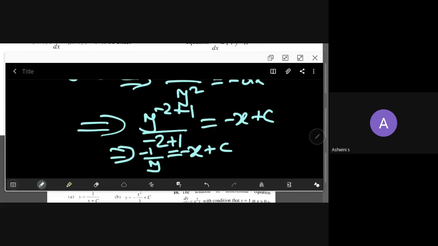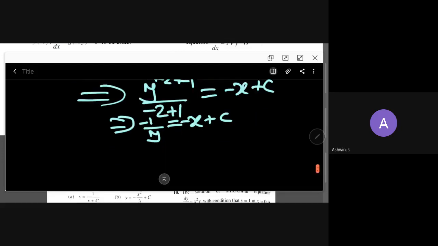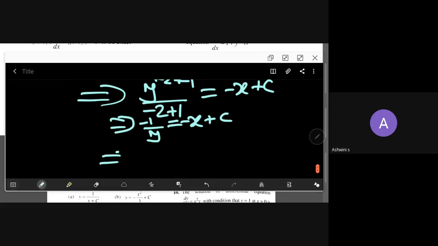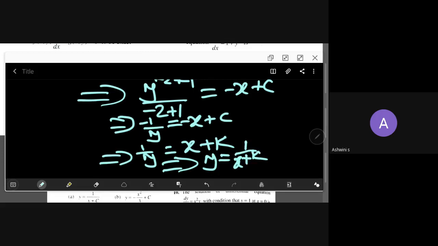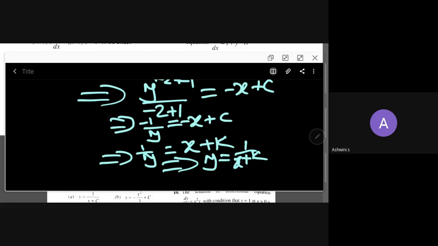So you can rewrite this as 1 by y is x plus k, with a minus sign. So you have y is equal to 1 by x plus k. That is there in the answer.